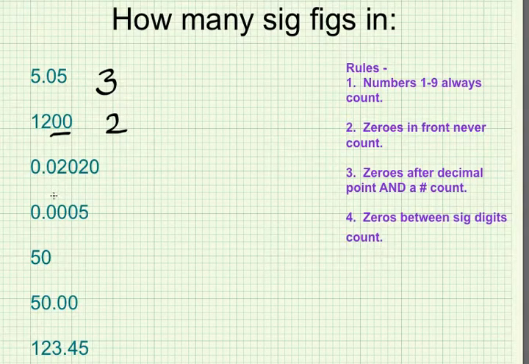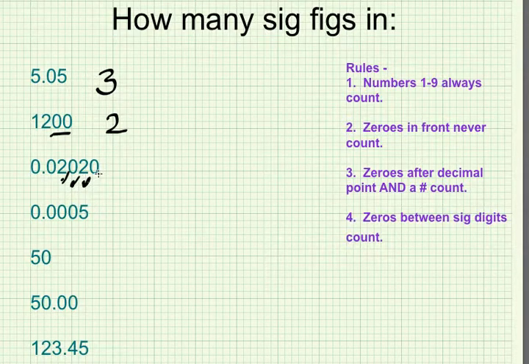Ooh, look at this guy. We got all kinds of stuff going on here. So we know that this is going to matter because they're both non-zeros. That 0 is in between 2 non-zeros. So which rule is that? 1, 2, 3, or 4? And hopefully you see that it's rule number 4, so that one is going to count. So he's a significant figure.